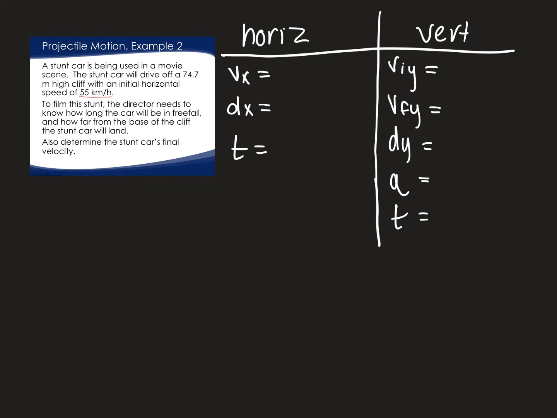Okay, so 74.7 meters high, right? So it's falling down, so let's make that negative. Okay, we know acceleration is always negative 9.8 meters per second squared. And we know VIY for these type of problems is 0. So that gives us a lot. And we know our Vx is 55 kilometers per hour, but we have to convert it.